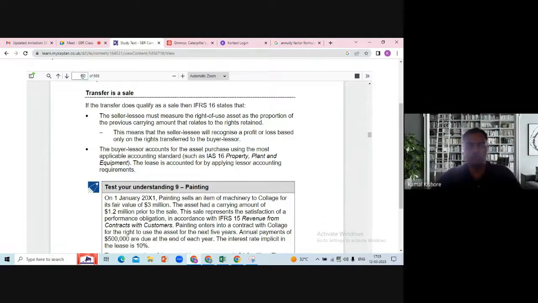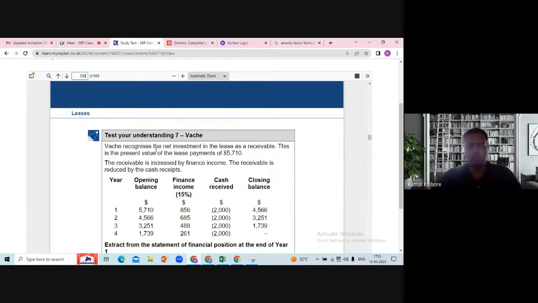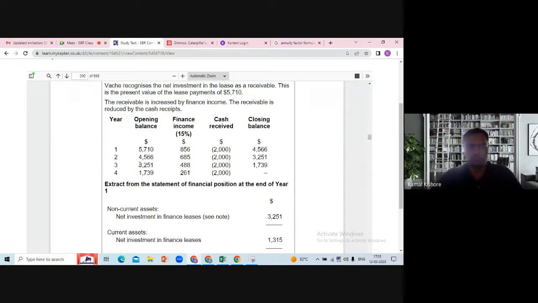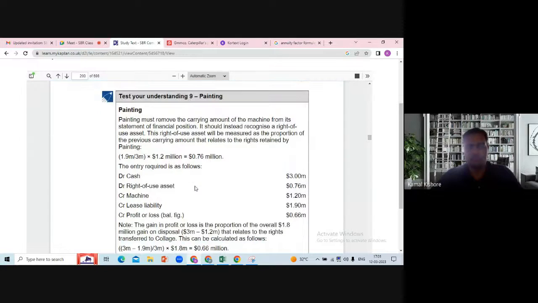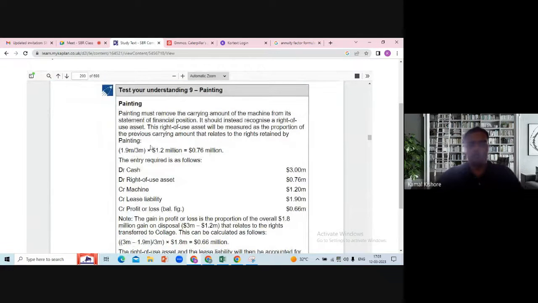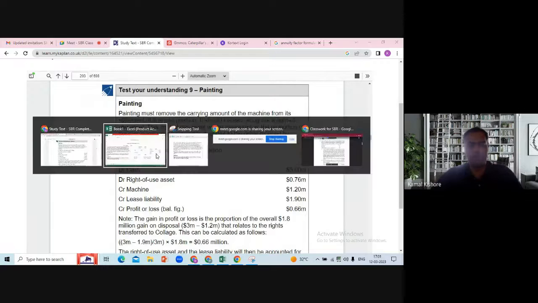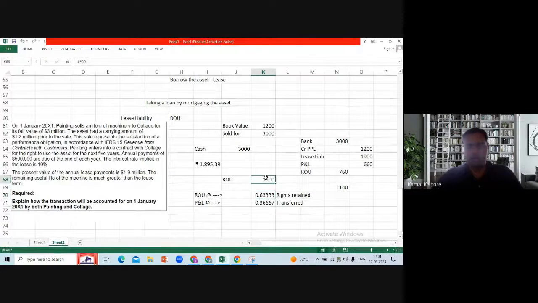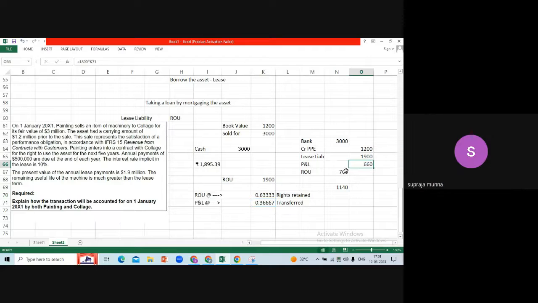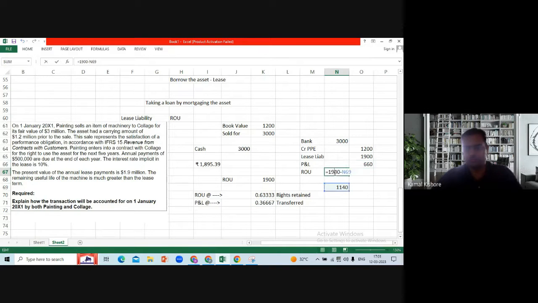So proportion of this, 1.9 divided by 3, 1.9 is ROU. Sorry, present value of lease payment divided by the fair value. So 63% of the rights retained, that multiplied by the book value.